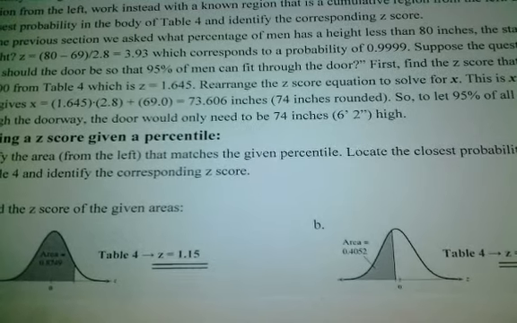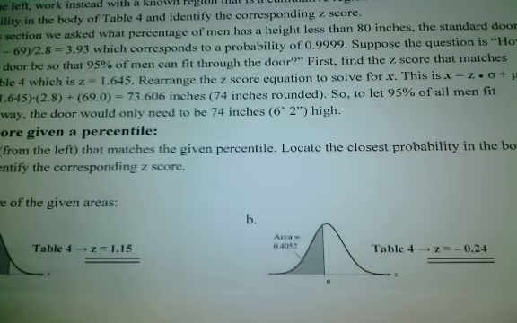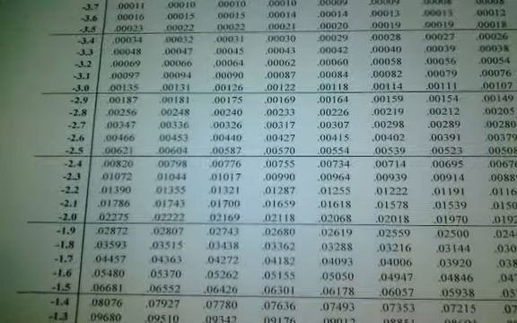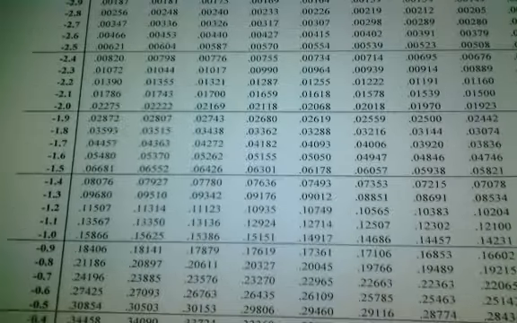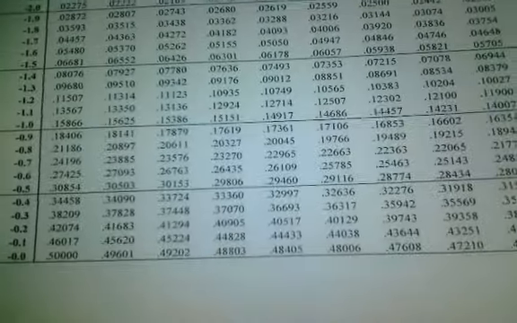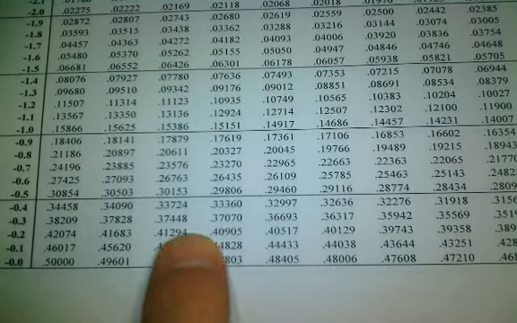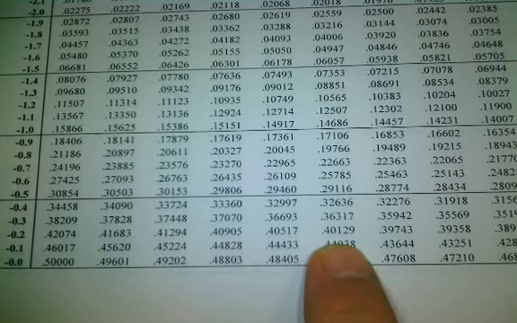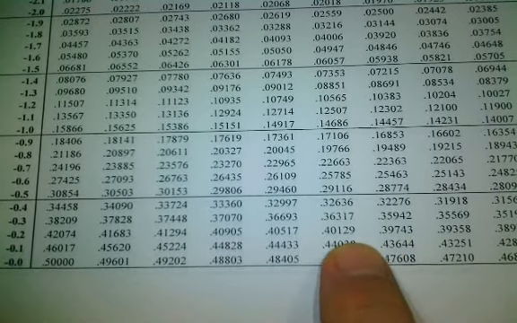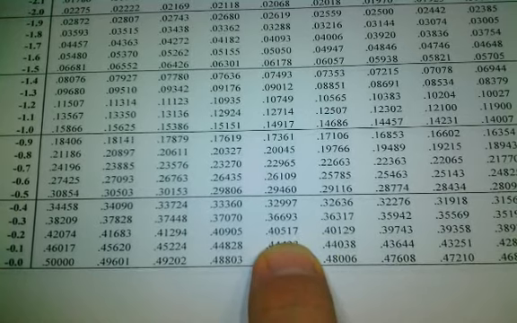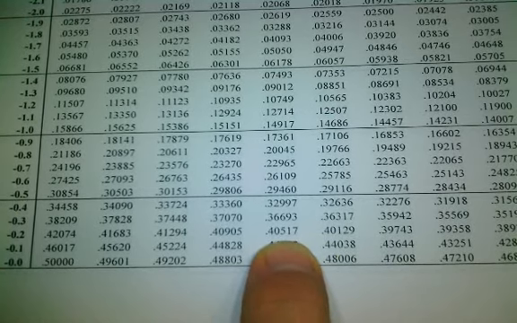Over here, notice that the shaded area is less than 0.5, so we're going to end up with a negative z-score. We have 0.4052, so let me go find 0.4052, and this is down towards the bottom of the page here. 0.4052, that's pretty close, 0.40517.